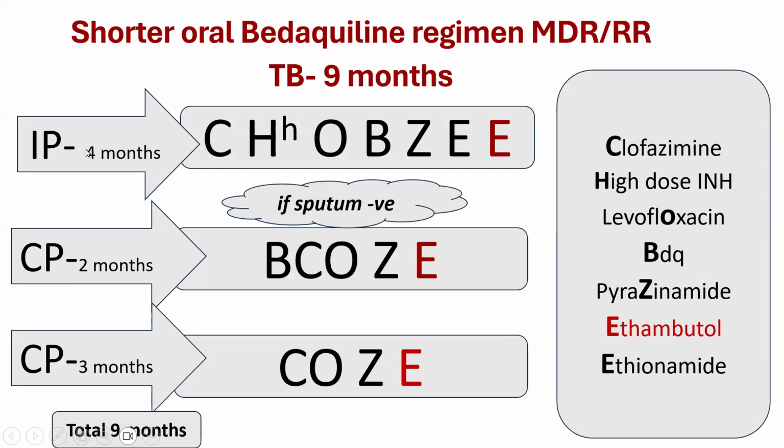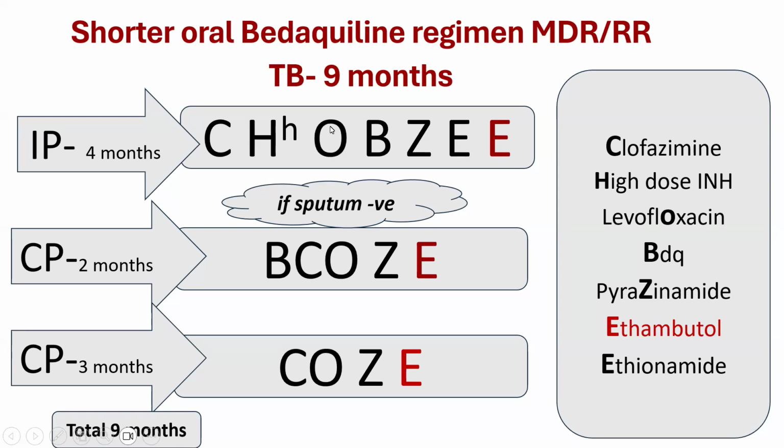Okay. So first 4 months intensive phase, remember JOBZEEC, I have mentioned what all these letters stand for. C for clofazimine. H, the capital H is for high dose isoniazid. O for the fluoroquinolone, levofloxacin.